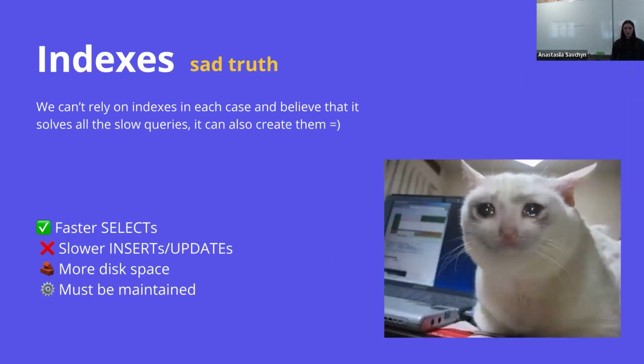Yeah, that is actually a sad truth about indexes. We can't rely on them in each case, because they can slow things down, not only make things faster. Indexes really use disk space. And when you run your select and you have 3 fields indexed, of course you will get the result faster.